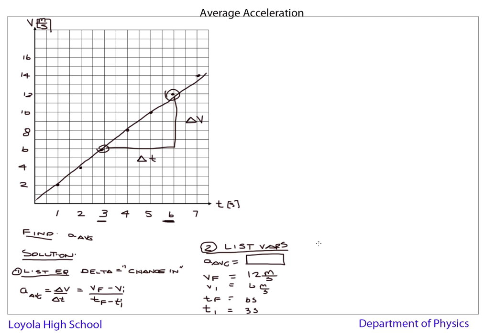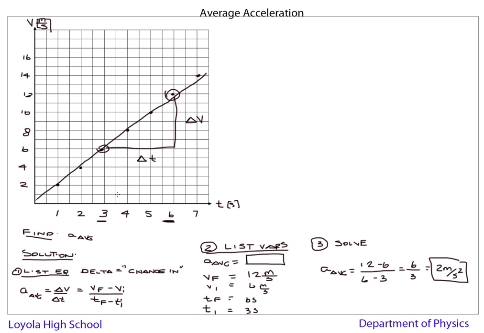When I solve for my average acceleration, the average acceleration, AVG, is going to be 12 minus 6 over 6 minus 3, which is 6 over 3, which is 2 meters per second squared.